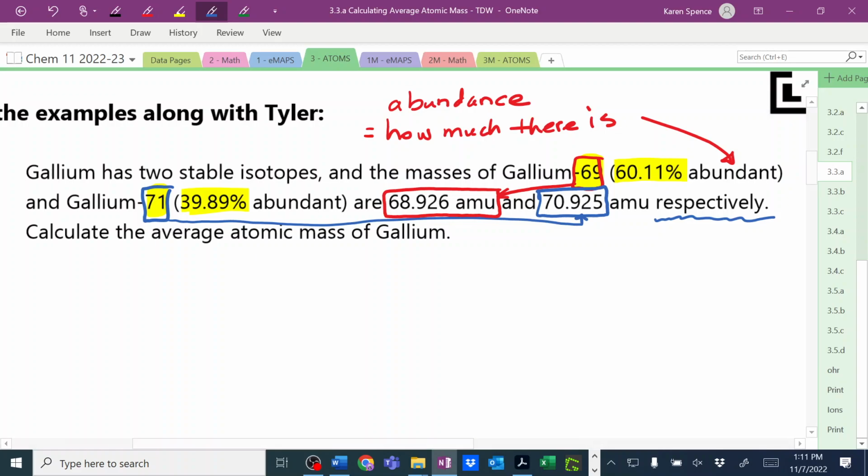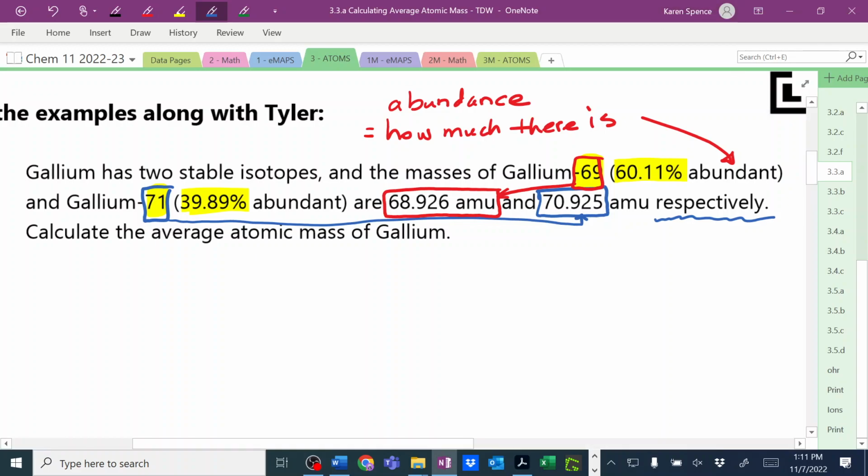Respectively means if you've written things in a sentence, the first one goes with the first one and the second one goes with the second one. So do you see how the gallium-69 went with this mass? Because it was the first one, it went with the first mass, and the gallium-71 is the second one and it went with the second mass. That's what respectively means. It means if you have two pairs of things, number one goes with number one and number two goes with number two. Okay?